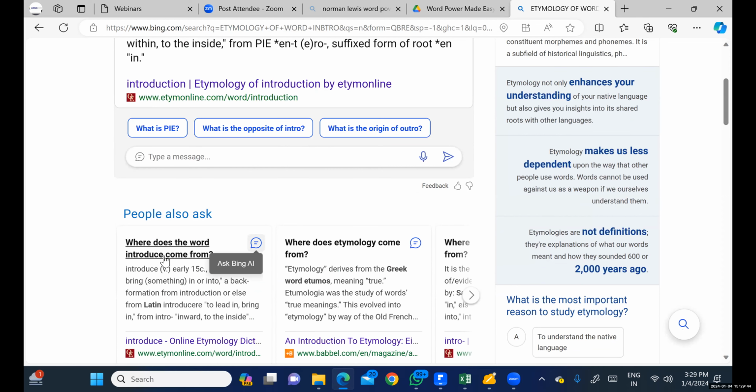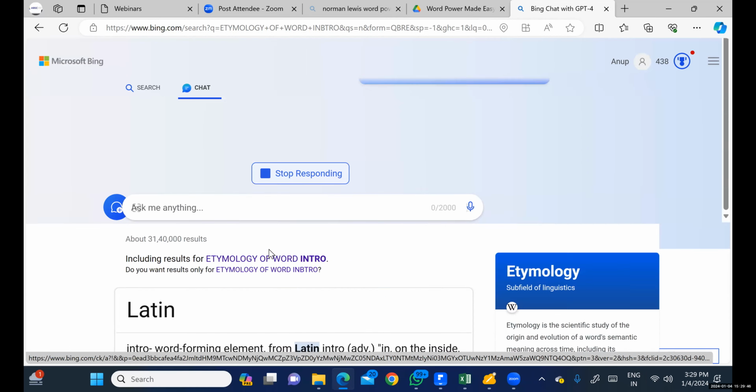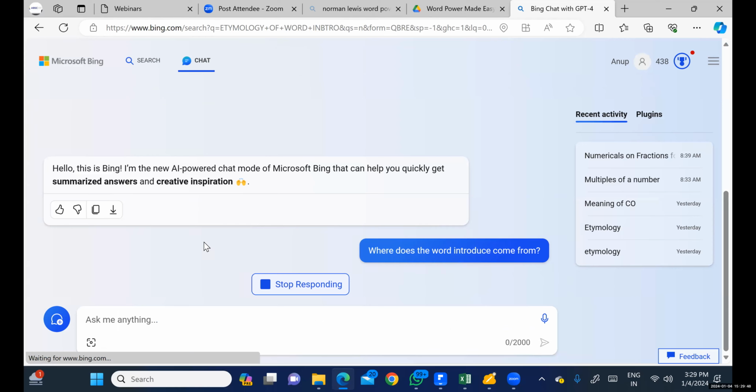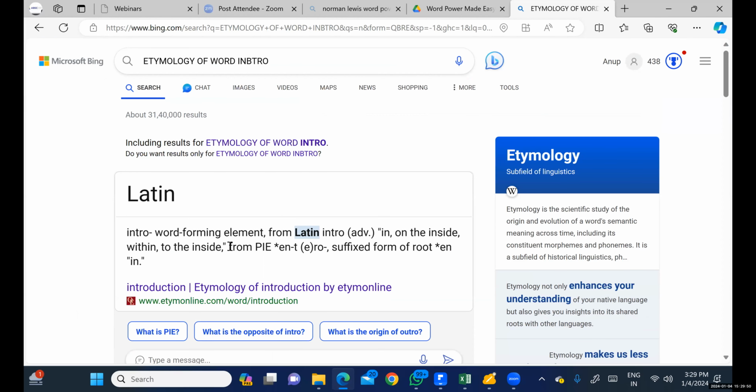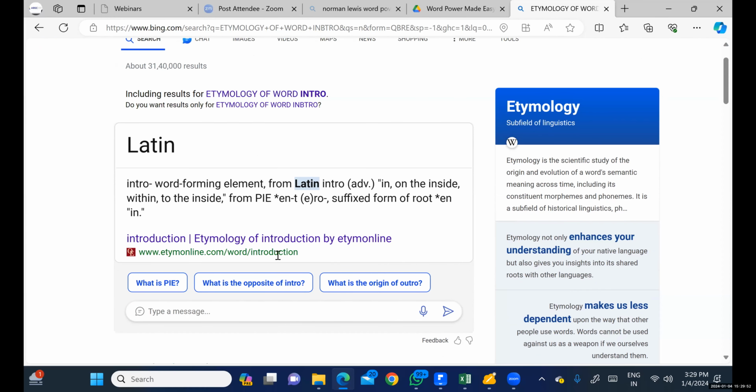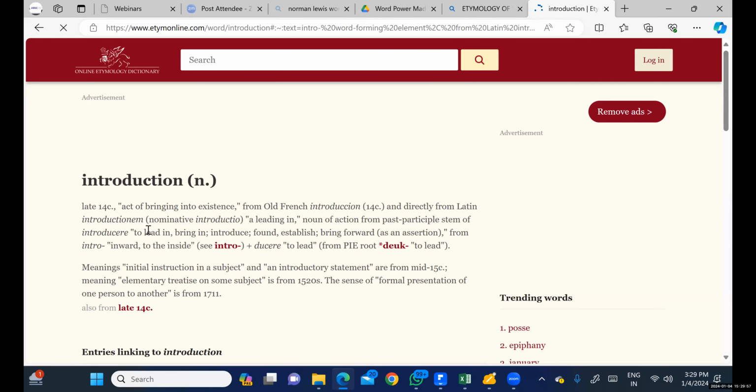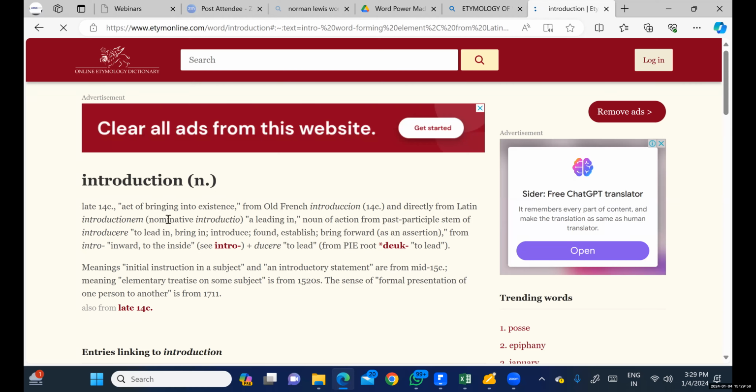See, where does the word introduce come from? Let's see. Introduction, act of bringing in, from Old French introduction, directly from Latin introductionem, a leading in.